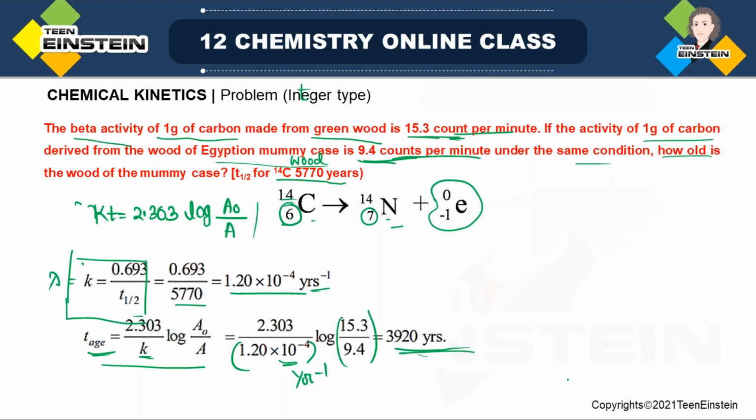So it is 3920 years, that is the age of the wood of the mummy case. It is very old. So in this way, beta activity of carbon is one of the important applications by which you can find the age of very old objects. Okay, is there any doubt?